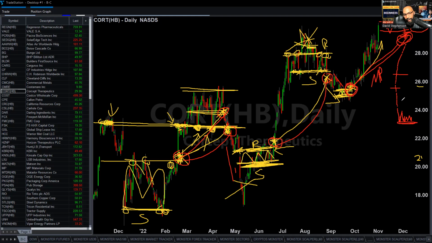Hopefully it comes all the way back down, but let's say it comes down like this, creates a support and resistance here, then breaks support. That's redistribution.